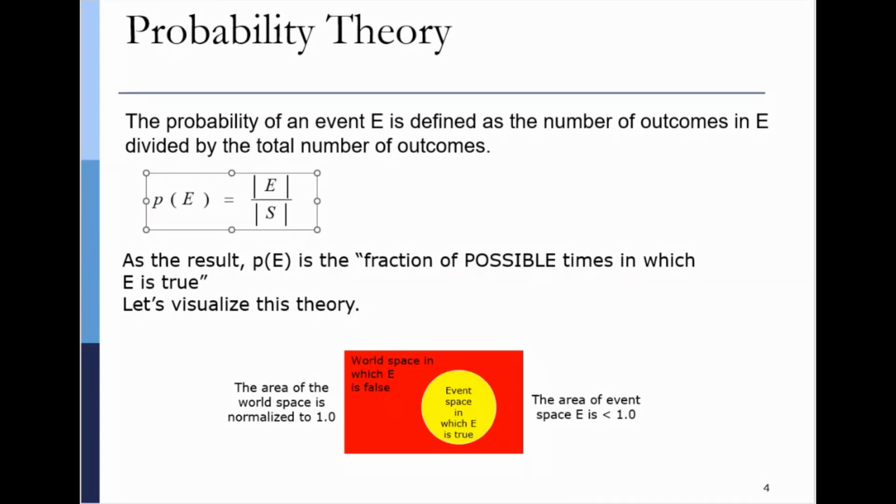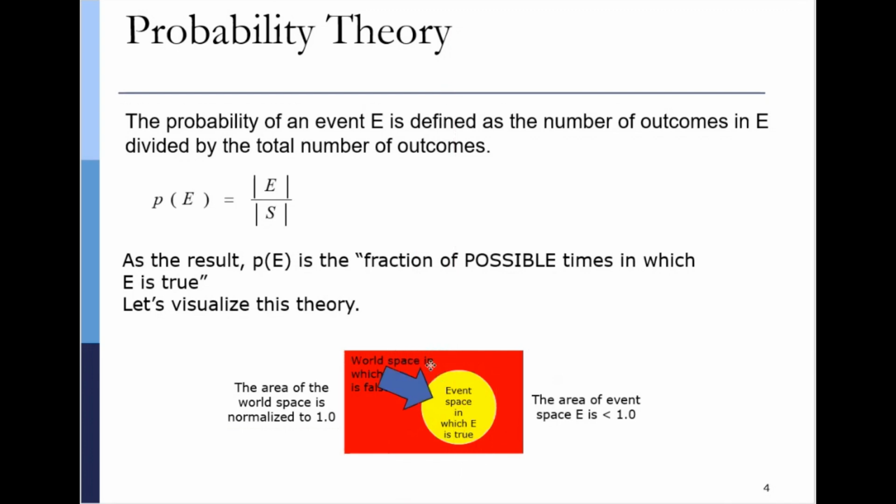Venn diagram. So suppose that we have a Venn diagram. It's red in color. So anything inside this Venn diagram, the whole area of the Venn diagram is 1.0. And then you see the yellow circle here. The yellow circle is the space within the Venn diagram where it is possible for it to be true.